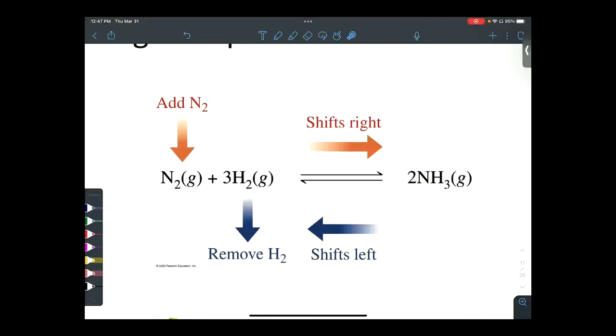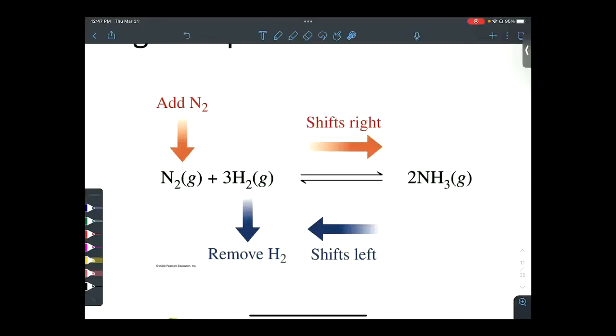Think about your seesaw: how can the reaction adjust itself to get back to equilibrium? The reaction has to move left, back to the reactant side, in order to get back into equilibrium if we added more ammonia.